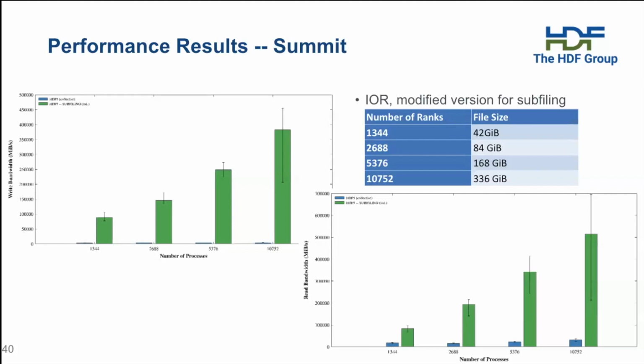Are the subfiles independently openable or do you have to go through the master? I think you can use dd to stitch them together. So the subfiles by themselves are not valid HDF5 files.